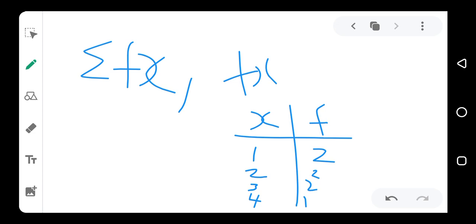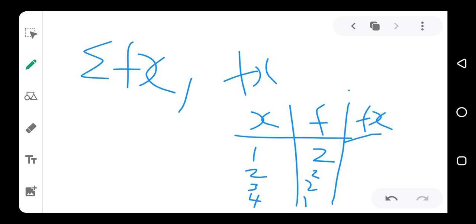Now our sigma fx. To get our fx, which means f times x, we are going to draw another column. Let's call it fx.